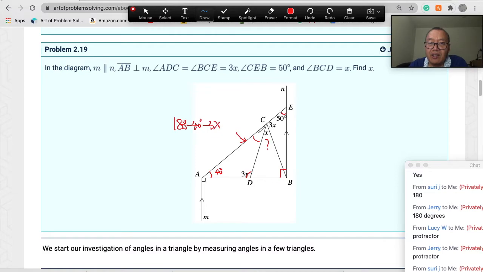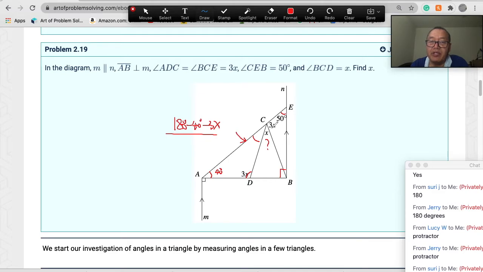So we got this angle. Then ACE is a straight line. So that means AE forms a straight angle at point C. So this angle plus this x plus this 3x should equal 180 degrees.